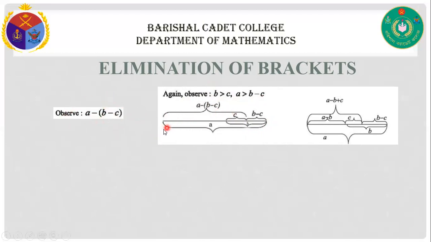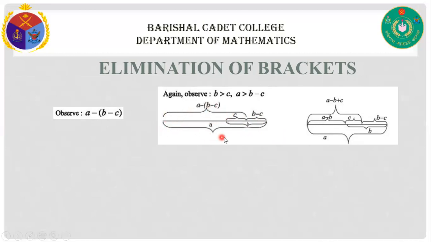Now a is the total part, b is this part, and c is this part. So b minus c is this part, and a is total. So a minus b minus c is this part.